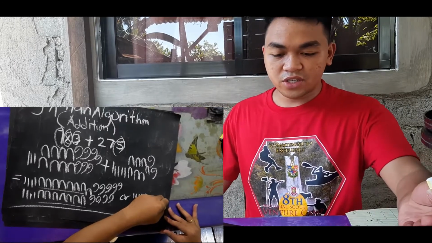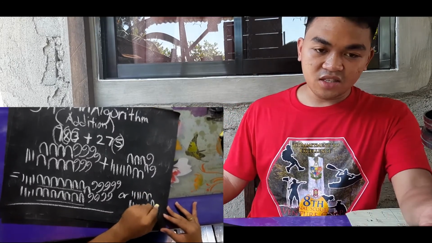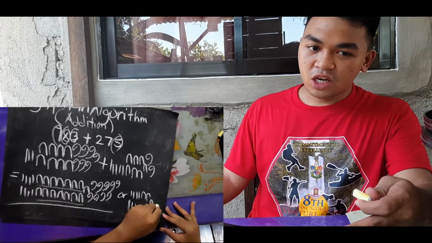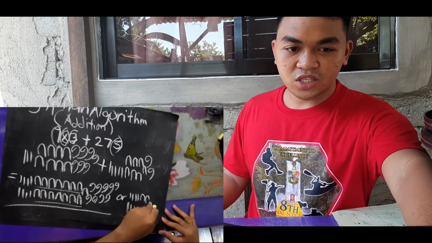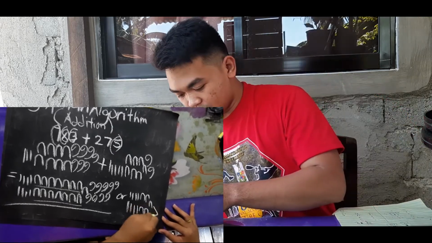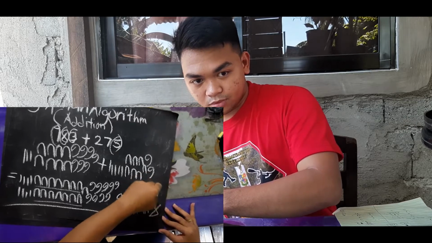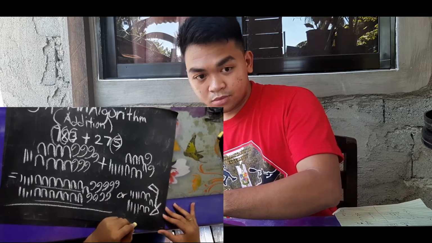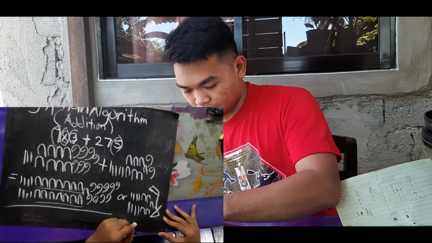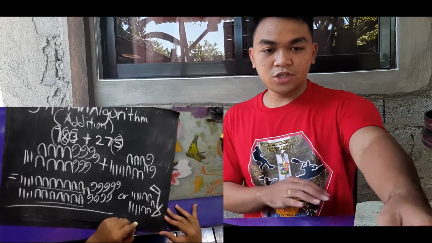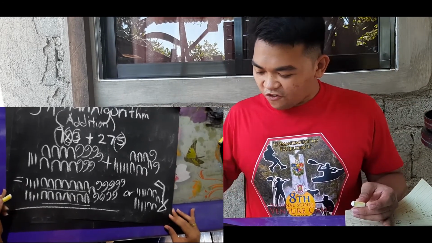Then our hundreds are 1, 2, 3, 4, 5, 6, 7, 8, 9. Then the other tens we convert to hundreds, so 100 plus 900 is 1000. So we use this symbol for 1000. As you can see, these symbols give 1058.